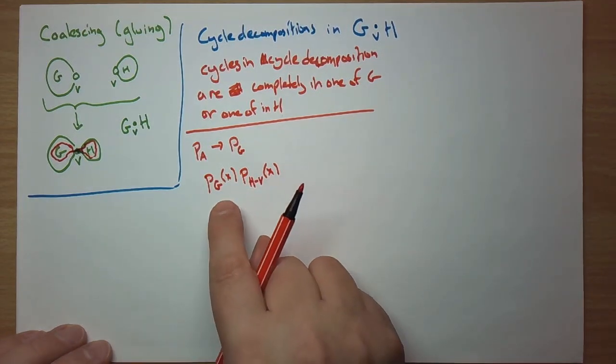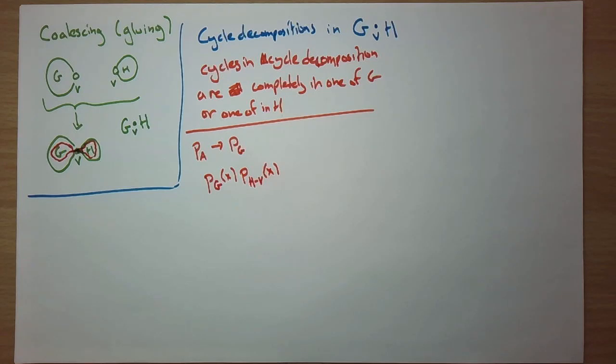Whenever you have a multiplication going on, and we know that the individual terms correspond to cycle decompositions, you should think, okay, I'm combining a cycle decomposition in G with a cycle decomposition in H minus V. And I'm doing that in all possible ways. So that's what this product means.